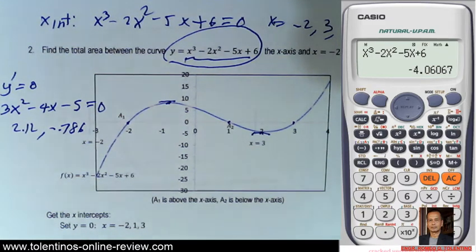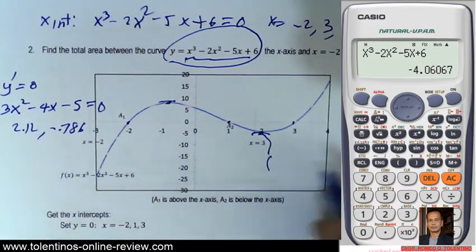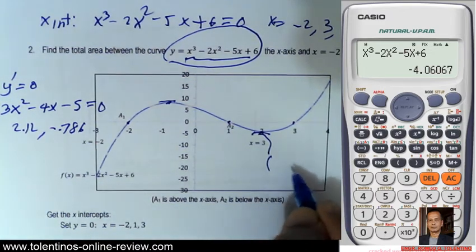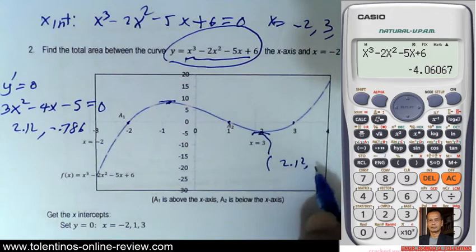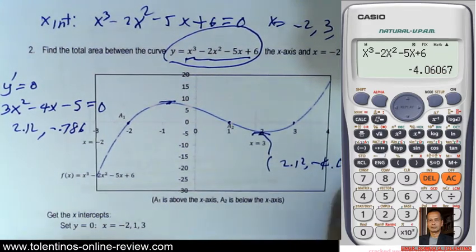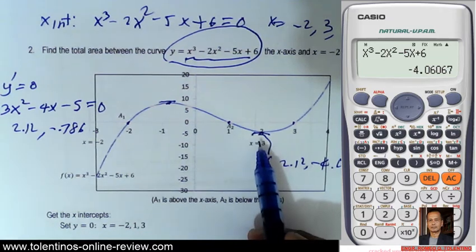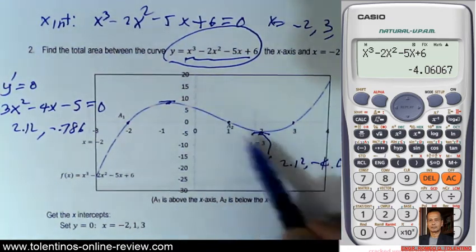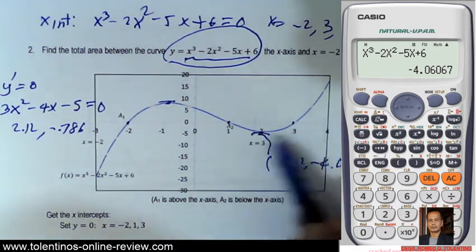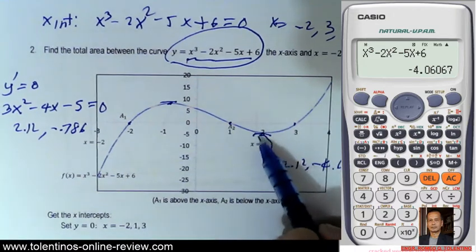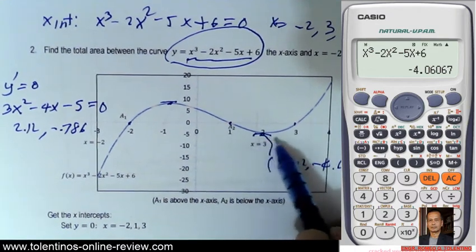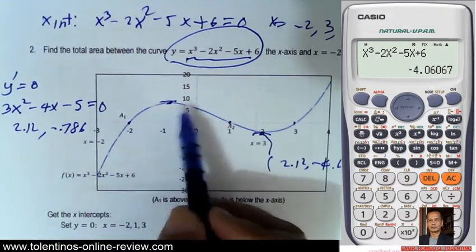So you see this is negative 4.07, therefore that point is 2.12 and negative 4.07. You see that this is below the x-axis, and the shape is evidently like this, because this is a minimum point.